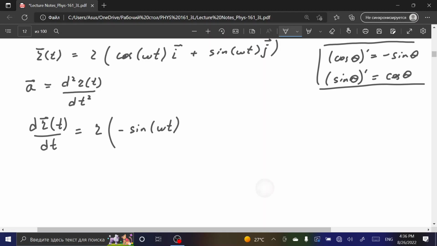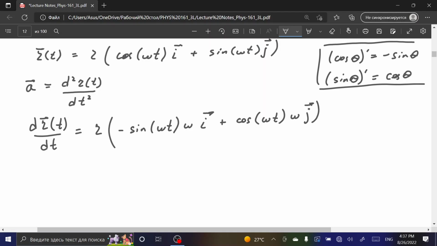So that will be omega times the i unit vector. Then we have another term with sine, and that will be cosine omega t times omega times the j unit vector. So that's our first derivative.